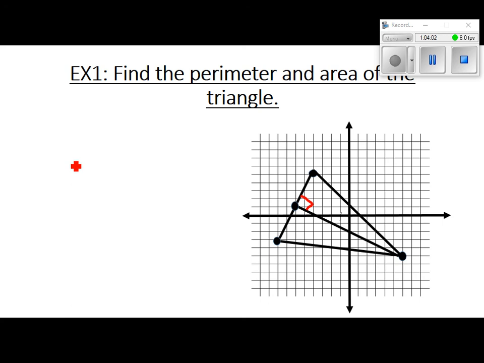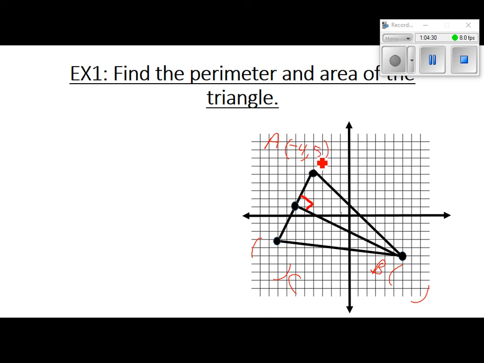Next one, find this. What's the first thing we gotta do on this? We gotta find the coordinates. So help me out. Let's name that point A, this point B, and this point C, just so it's easier on us. Coordinates of A up here: -4, 5.